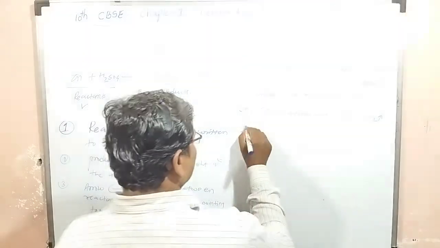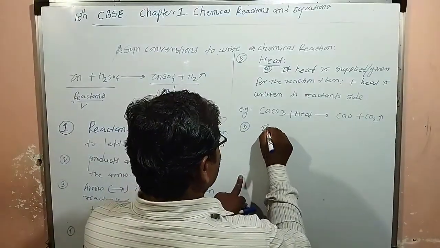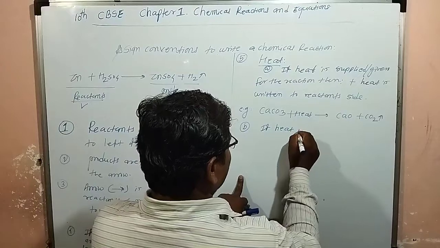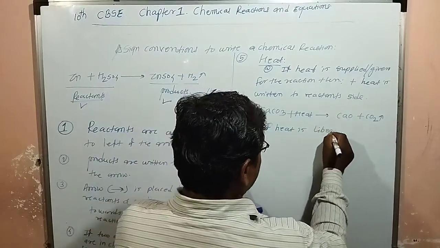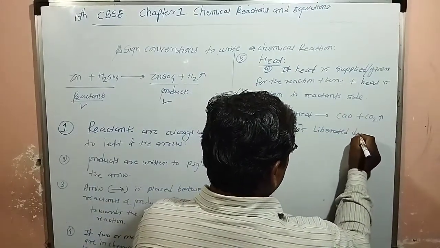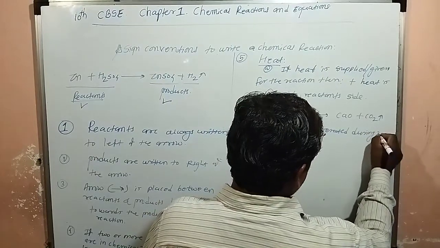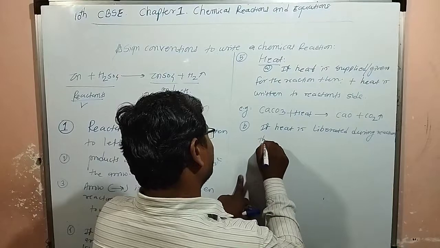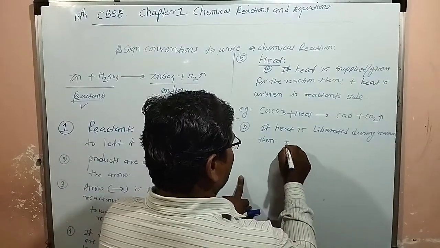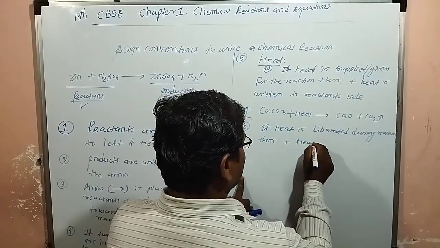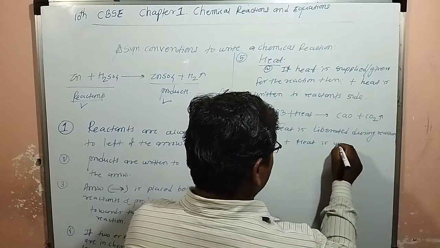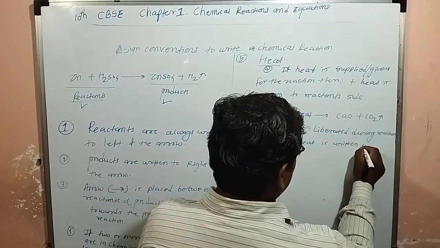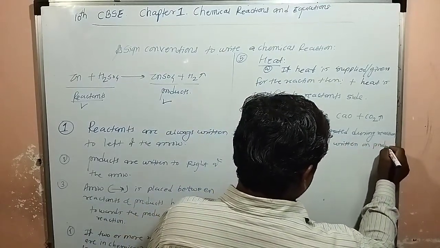Second, point B: if heat is liberated during the reaction, then plus heat is written on the product side.